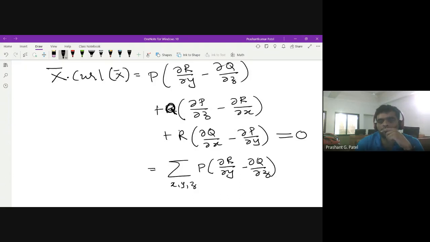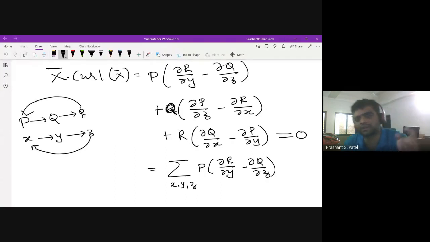So when we do the rotation to change this sum, P will change to Q, Q will change to R, and R will change to P. In the same manner, x will change to y, y will change to z, and z will change to x.